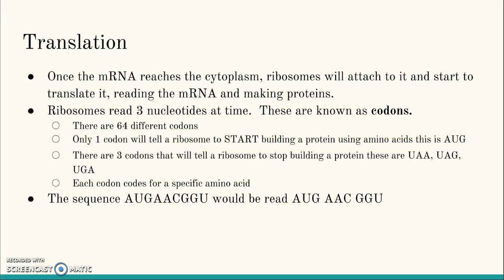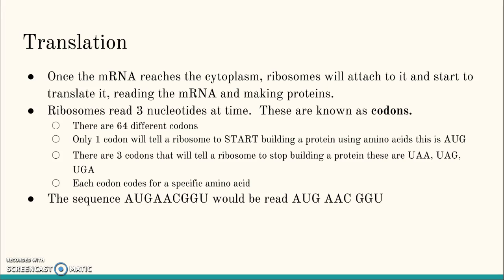It is specific to the amino acid based on the codon that it has and the nucleotides that are being read. So the sequence AUG, AAC, GGU would be read AUG, which remember is the start one. So the ribosome would then say, okay, I have to start.